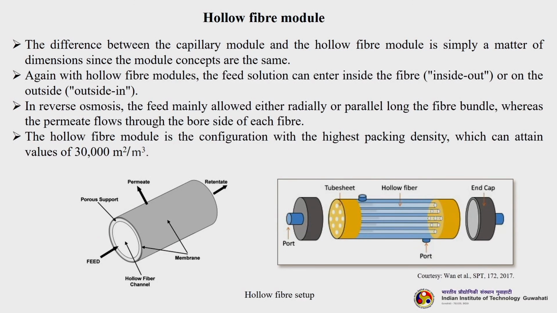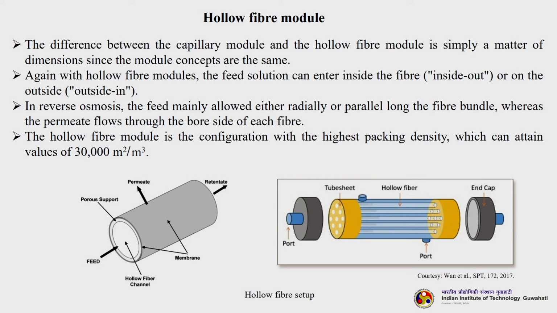So, students, the next one is the hollow fiber module. This is one of the most important developments in membrane technology. Here the difference between the capillary module and the hollow fiber module is simply a matter of dimensions, okay, since the module concepts are mostly the same. In hollow fiber modules, the feed solution can enter inside the fiber, either inside out or outside in.